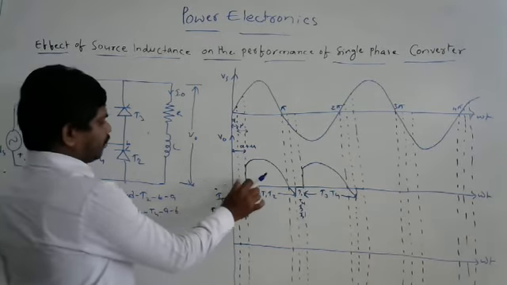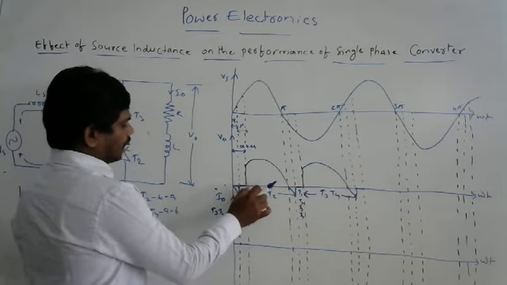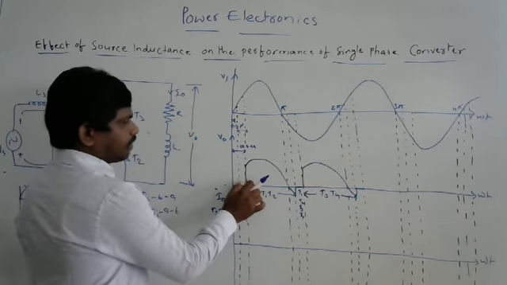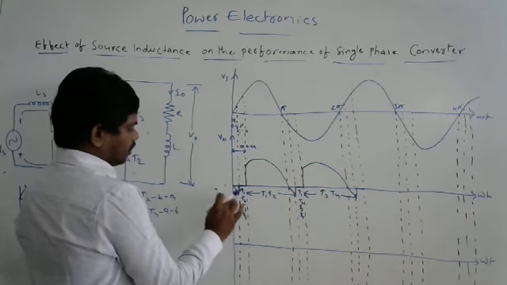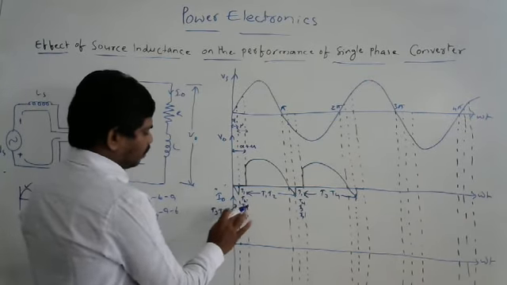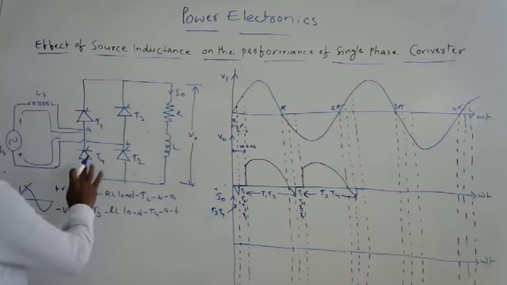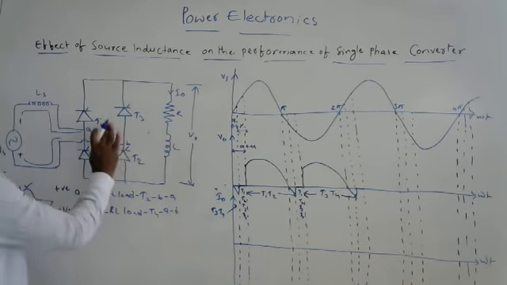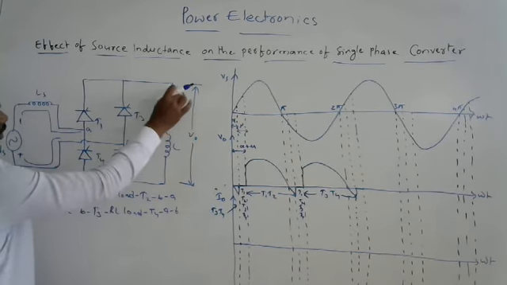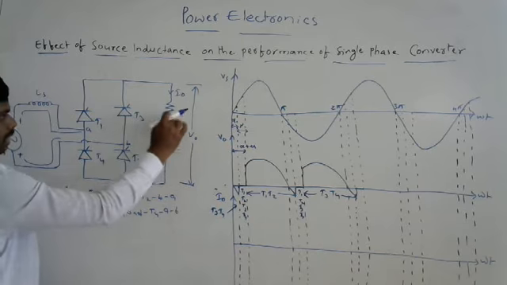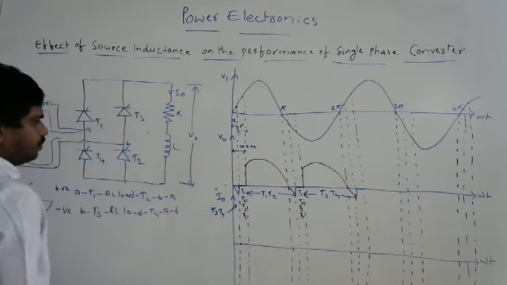Because the triggering pulse is given to T1 and T2, they come into the conducting state after alpha, but T3, T4 continue conducting, whereby there is a short circuit and the current doesn't go to the load side. That's why we do not have any load current and couldn't get any output voltage.